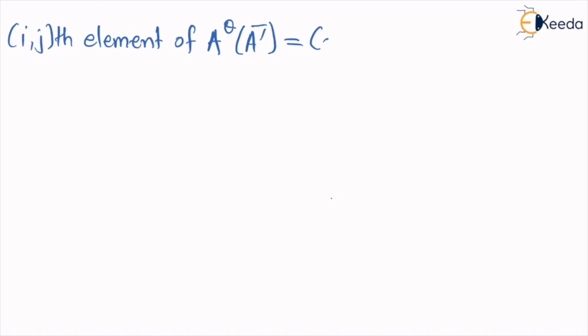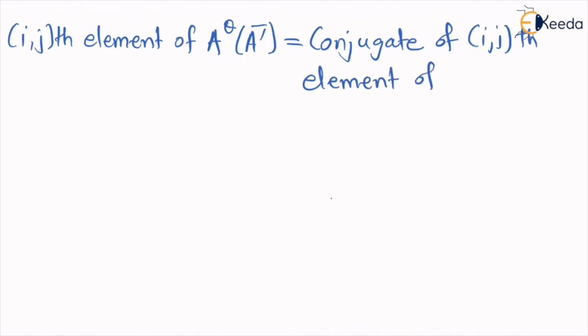Now the ijth element of A dash is equal to the jith element of A, because A dash and A are transposes of each other.